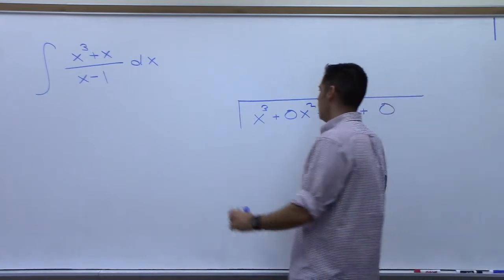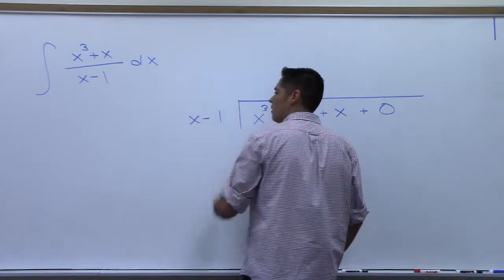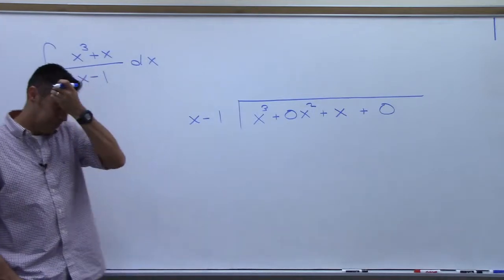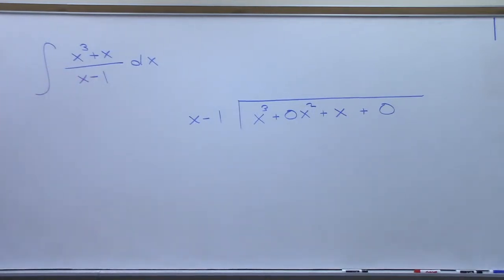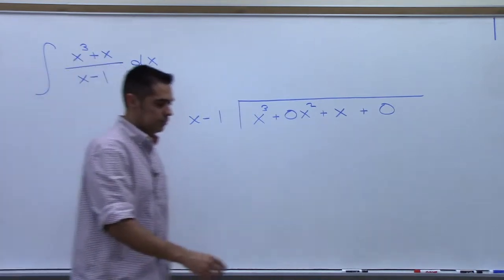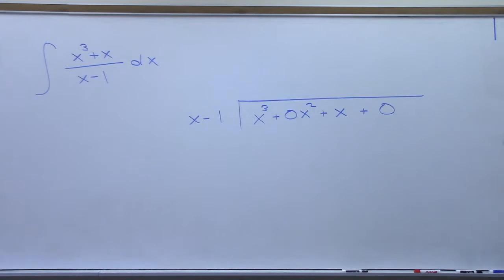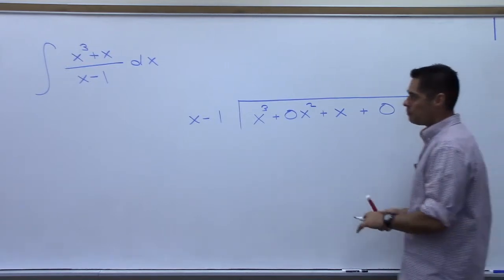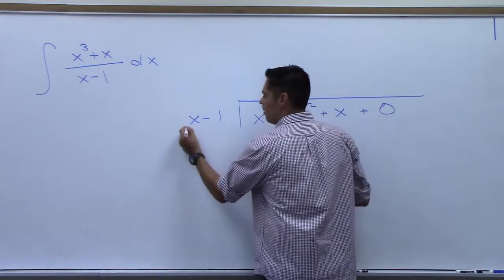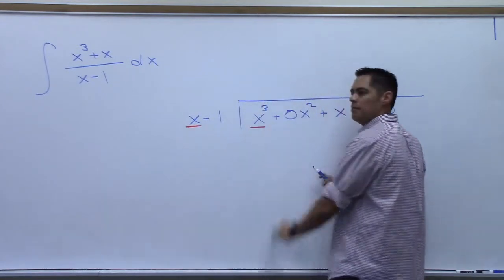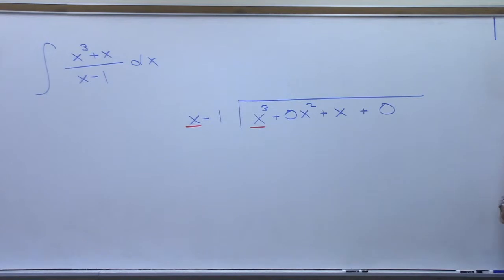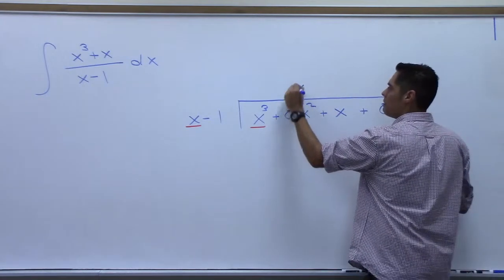And then on the outside, we put x minus 1. Then you say to yourself, how do I turn this into that? What do I have to multiply x by to turn it into x cubed? x squared. So right here above, I'm going to put x squared.